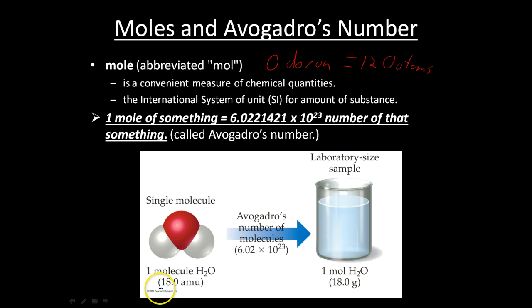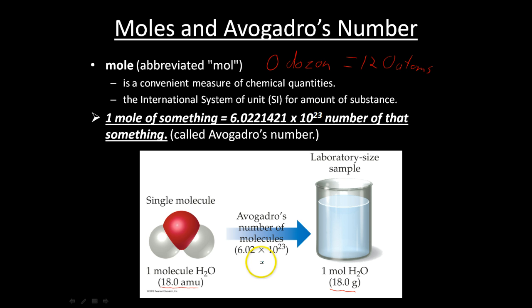Now notice the similarities here. 18.0 AMU, 18.0 grams. And so this many water molecules weighs this many grams. And so it gives a very, very convenient conversion between molecules and grams. If you can say, well, instead of just taking one of those, I'm taking an Avogadro number of those, like a dozen of those. Okay, so dozen is a fantastic analogy because we know what that's like.